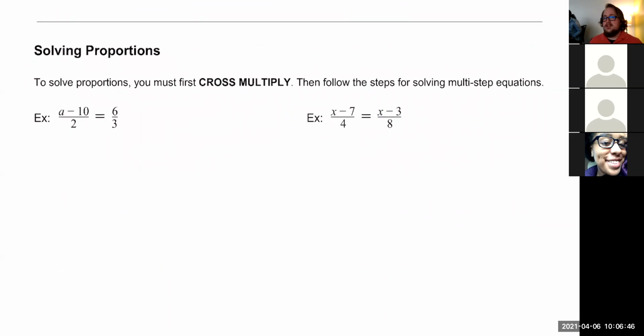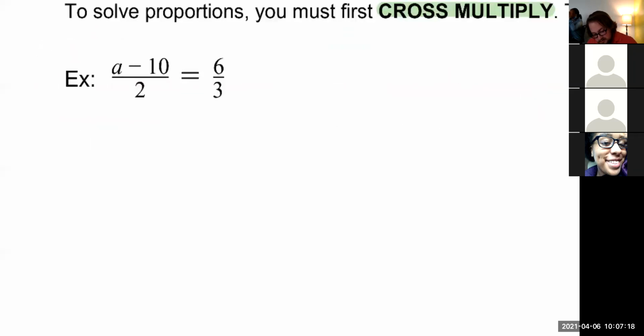And there is a trick that allows you to take a proportion that looks like 2 ugly fractions and rewrite it so it looks more like the equations we've just spent time today solving. So if I can rewrite it into something we just spent a lot of time practicing, it'll start to feel more comfortable. So to solve proportions, you must first use a process where we cross multiply, and I'll show you here in just a moment. But then the steps that follow are the same steps we used for solving multi-step equations.